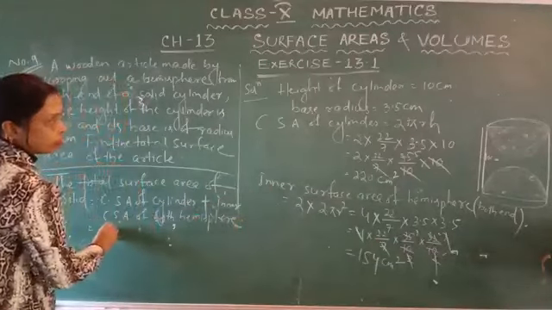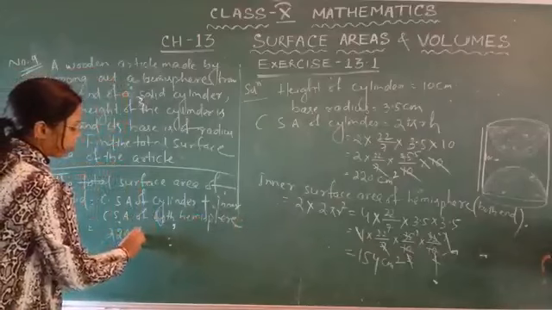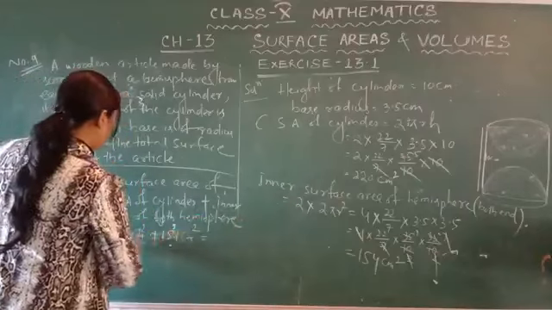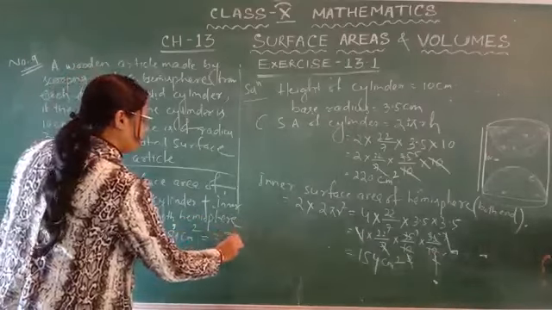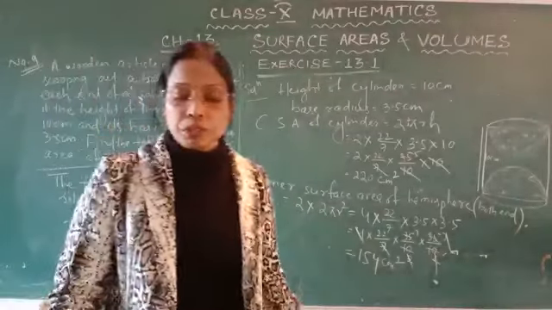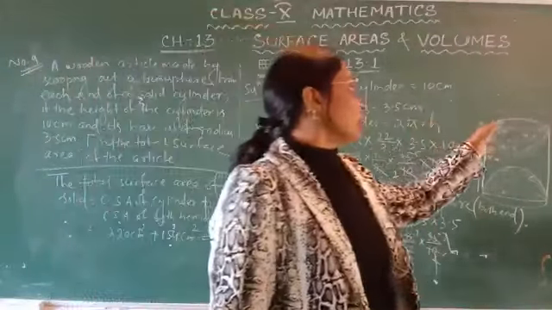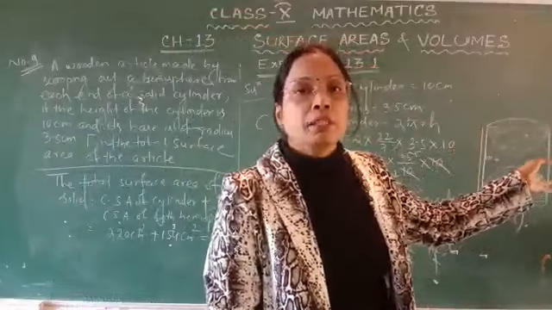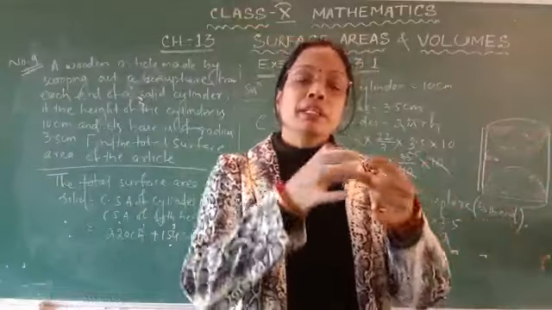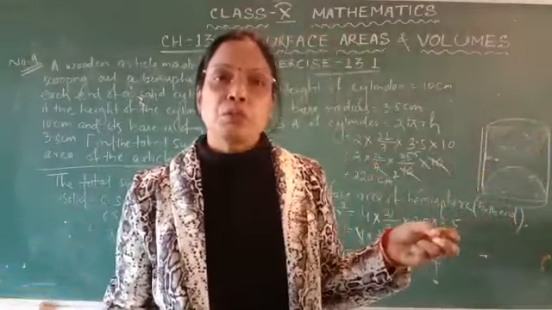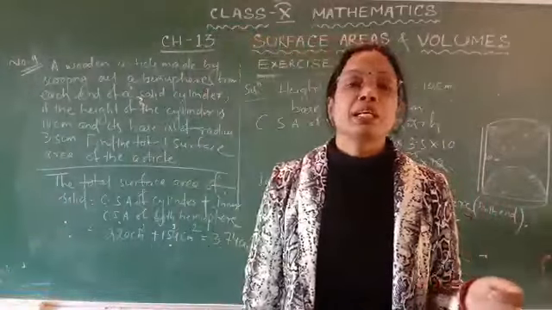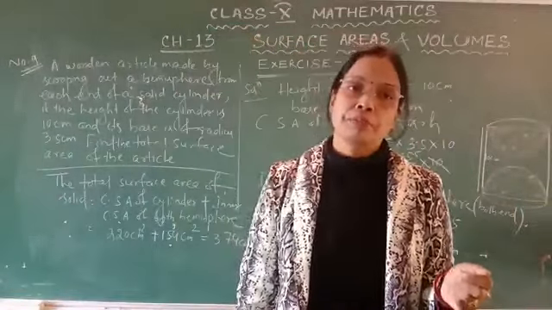Okay, so that is 220 centimeters square plus 154 centimeters square. So that is equal to 374 centimeters square. Okay, so the total surface area of this solid, where the solid is in the shape of a cylinder and in both ends there are two hemispherical scoops, is equal to 374 centimeters square.